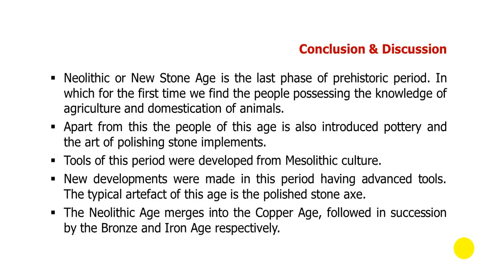Tools of this period were developed from Mesolithic culture. New developments were made in this period, having advanced tools. The typical artifact of this age is the polished stone axe. The Neolithic culture merges into the Copper Age, followed in succession by the Bronze and Iron Age respectively.